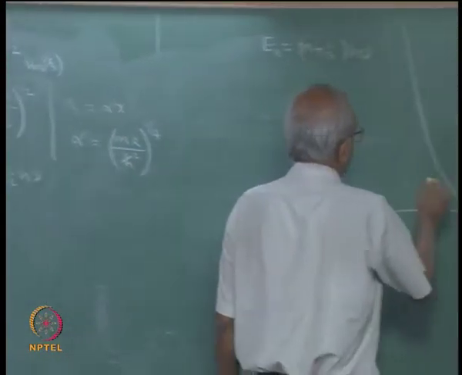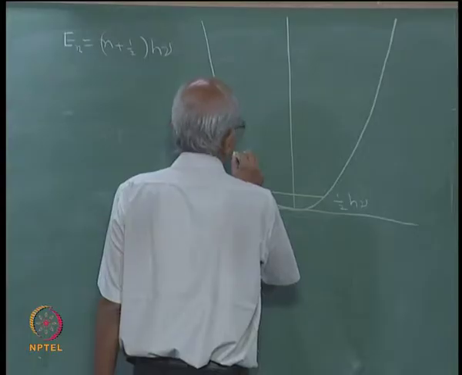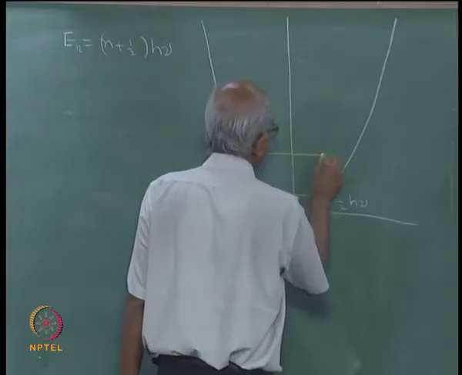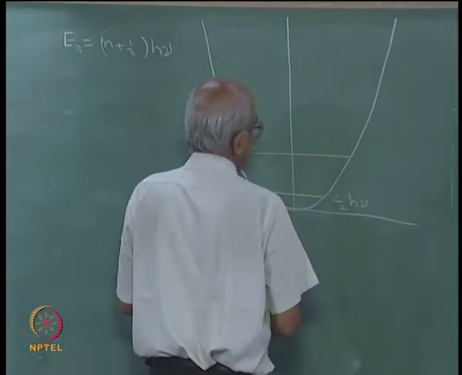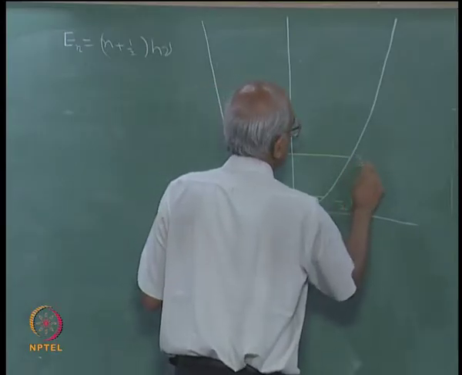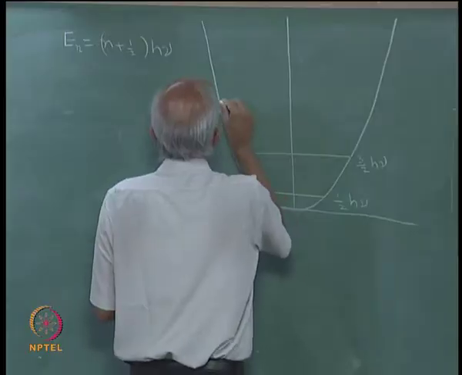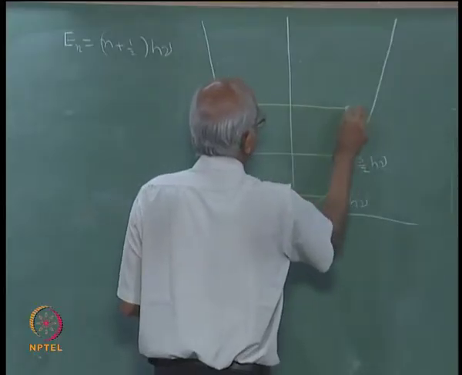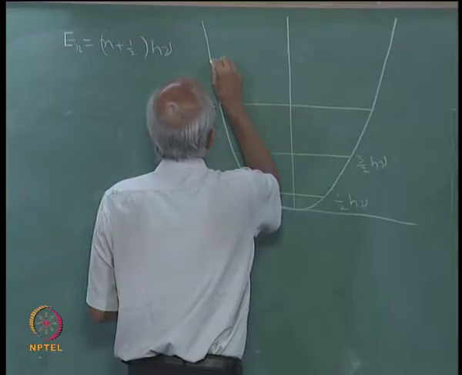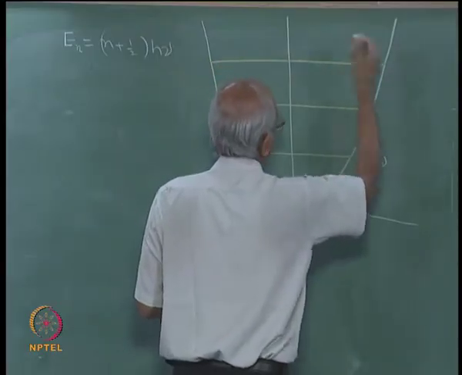The next allowed energy level obviously will be equal to 3 by 2 h nu, and I can represent it by this line. Then the next is of course 5 by 2 h nu, then 7 by 2 h nu, and so on.